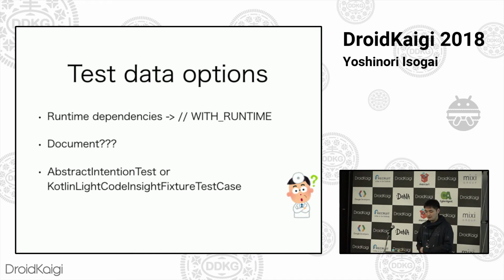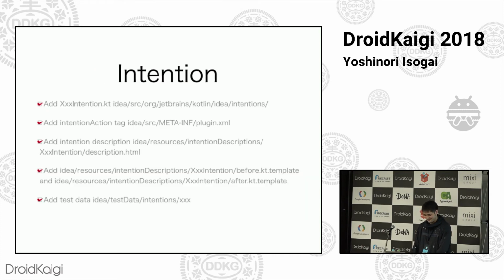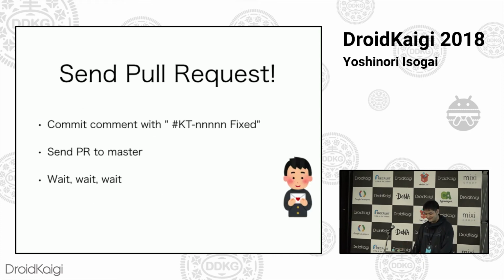Luckily, you have documentation in the abstract intention test, or Kotlin code inside the test case, which is written in your favorite language, Kotlin, not English. So everything is done. Cool.